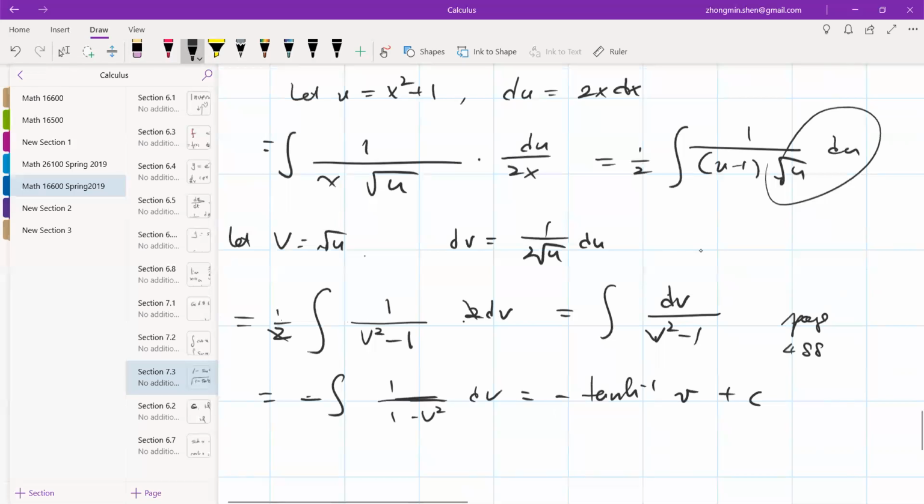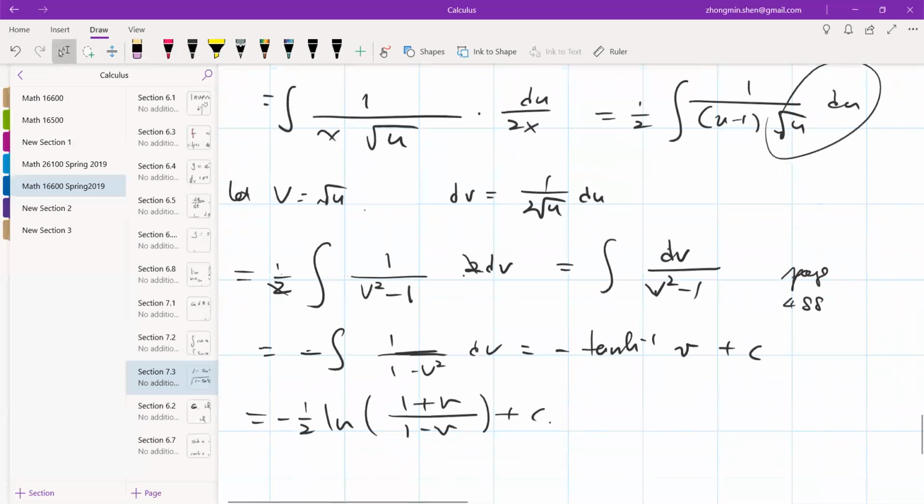But that one can also be written in another form: natural log of (1 plus v) over (1 minus v). And that's it.